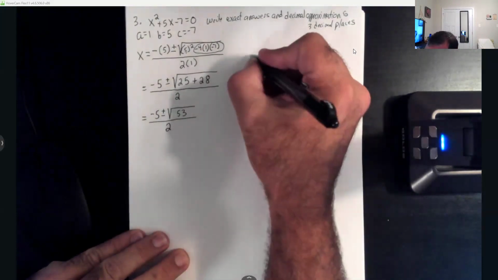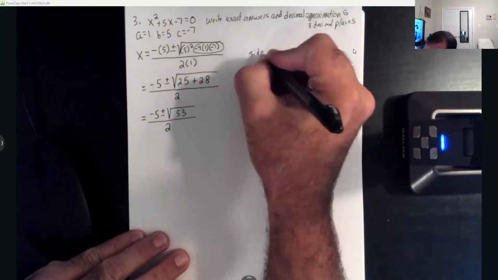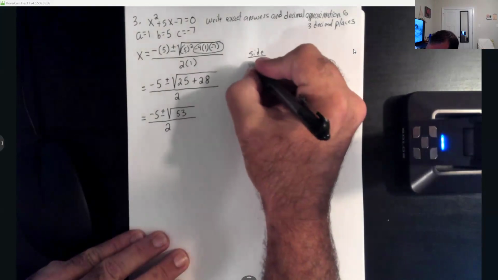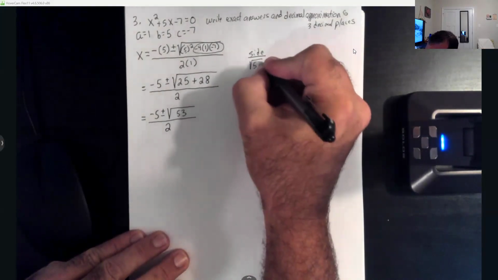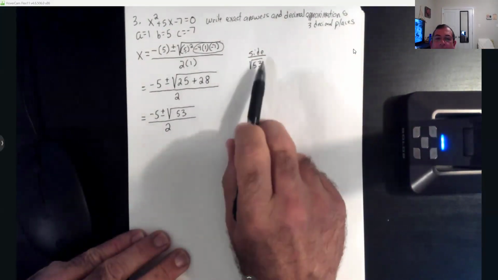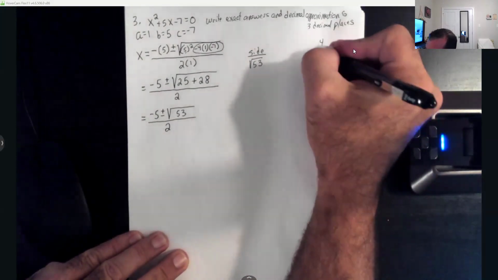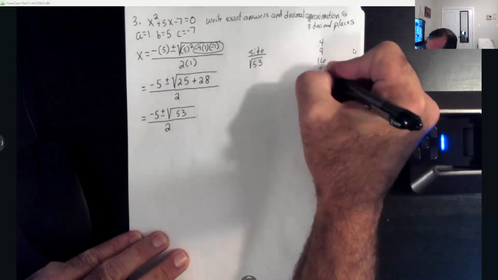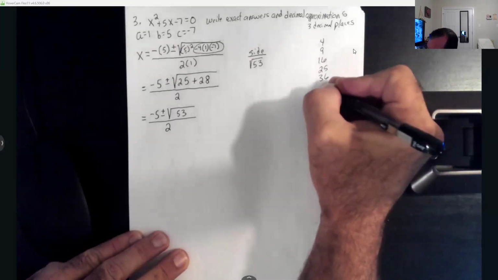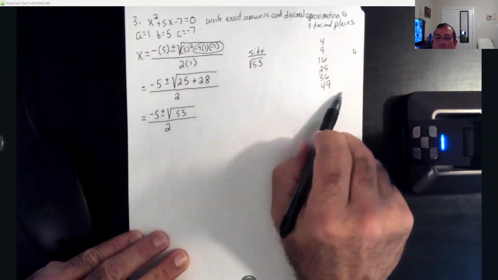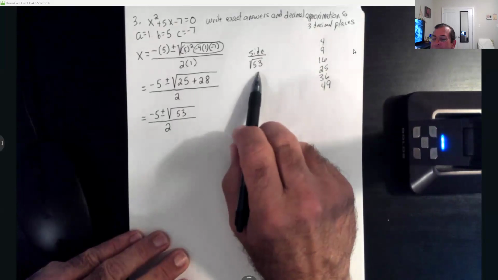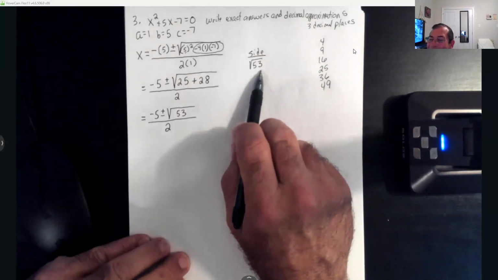So I'm going to try to see on the side if I can simplify that square root of 53. And y'all remember my perfect squares I had 4, 9, 16, 25, 36. I'm just going to go up to 49 this time because that's only a 53 sitting there.